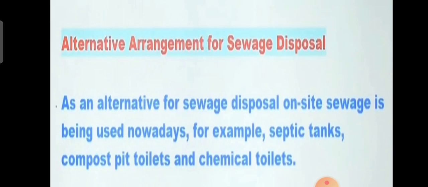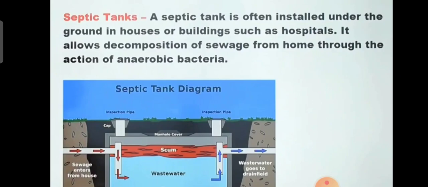There, alternative methods to dispose of sewage are used. And what are those methods? Those are septic tank toilets, chemical toilets, composting toilets, vermi-processing toilets, Sulabh toilets. Now, first let me tell you about septic tank toilets. It looks like this.